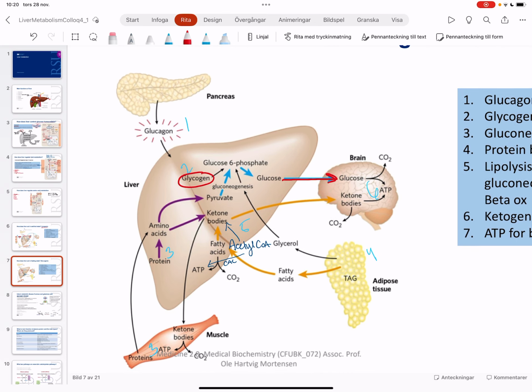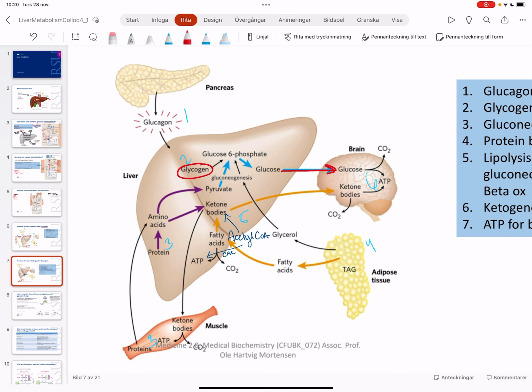Also, when glucagon is present, proteins can be broken down. Amino acids go to the liver. So protein both in the muscle and protein in the liver can be broken down. And amino acids can then be formed into pyruvate.